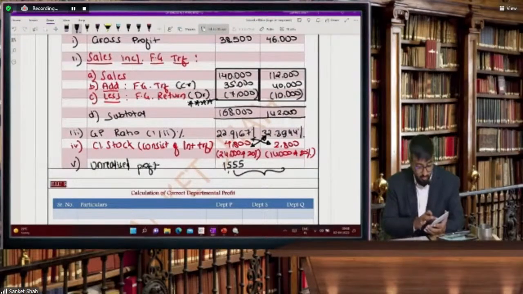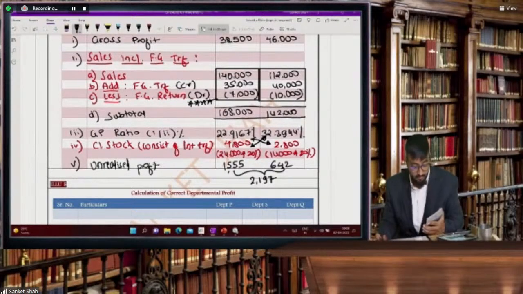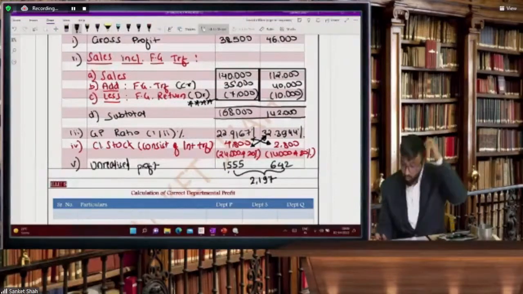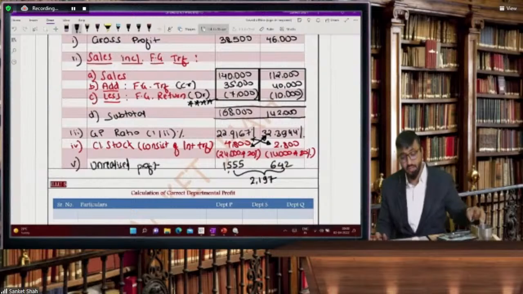And the second one, 2,800 into 22.9167 percentage. So 642. 2197 is the loading. 641 or 642, a one rupee difference does not matter.